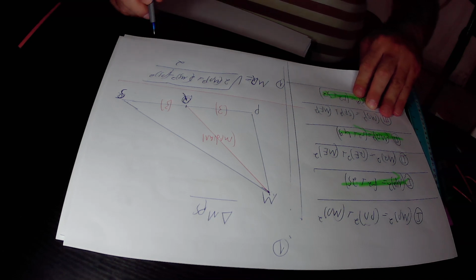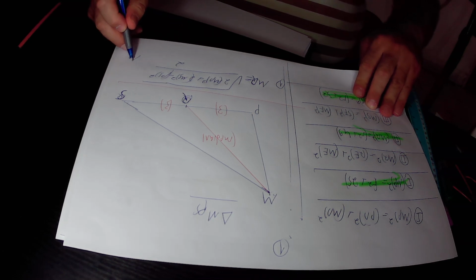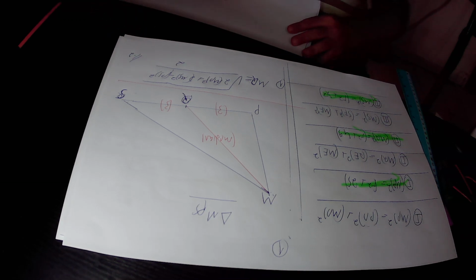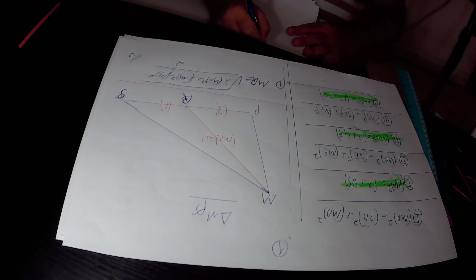So here we'll multiply this equation 1 by 2, and we get that according to equation 1, 2 times MQ equals the square root of 2MP squared plus 2 times MS squared minus PS squared, divided by 2.